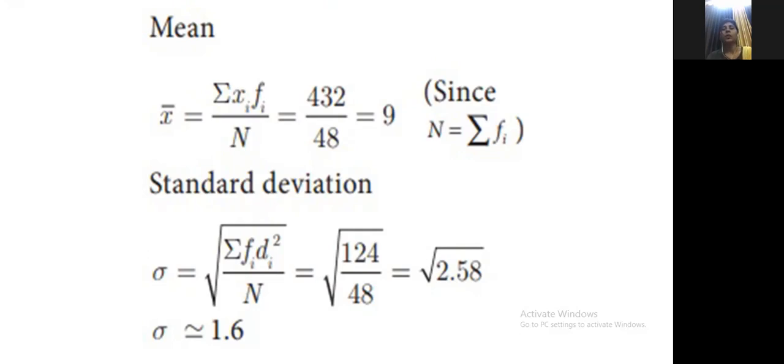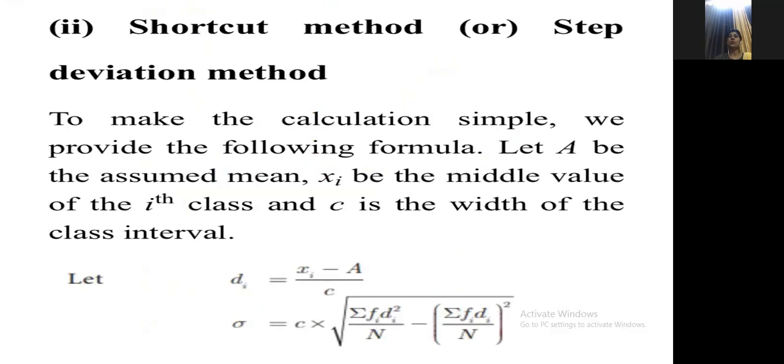In that table, we find that the summation is 124 and n is 48. So divide it, and on division we get the square root of 2.58. The value of the standard deviation we got is 1.6. So this is the way we find the standard deviation for this method.